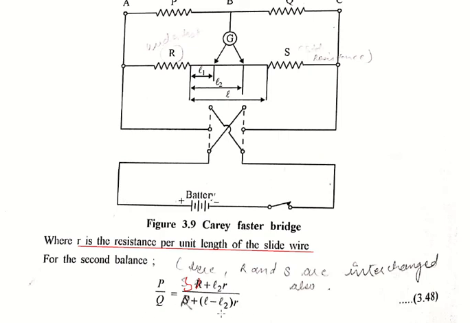This is the equation of the second bridge balance where R and S are interchanged.